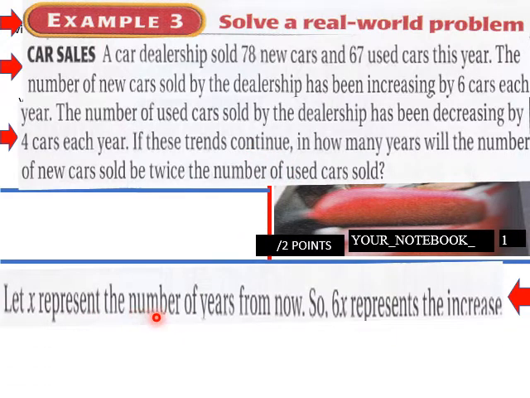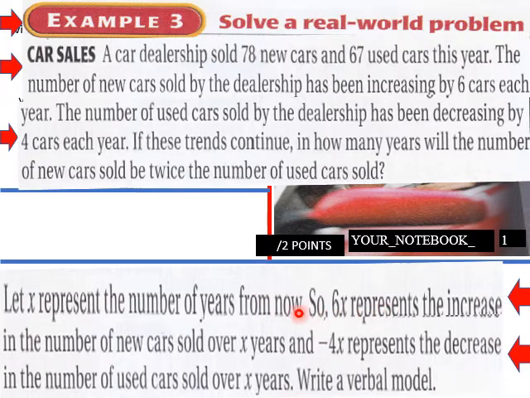So let x represent the number of years from now. So 6x represents the increase in the number of new cars sold over x years, and negative 4x represents the decrease in the number of used cars sold over x years. Write a verbal model.